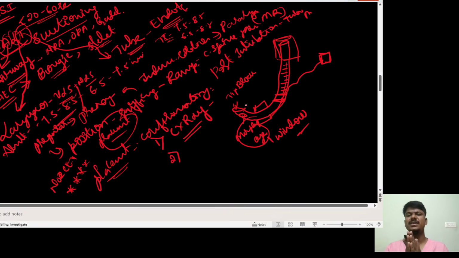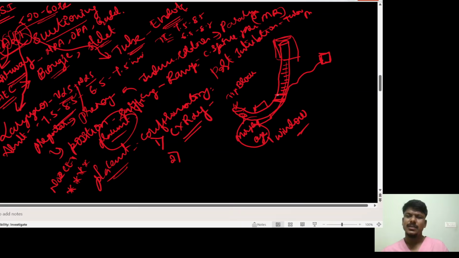That's why nowadays we use low pressure, high volume cuffs. You can inject more air, but the pressure will be less, so the tube is secured and there is less chance of necrosis and tracheal ischemia.